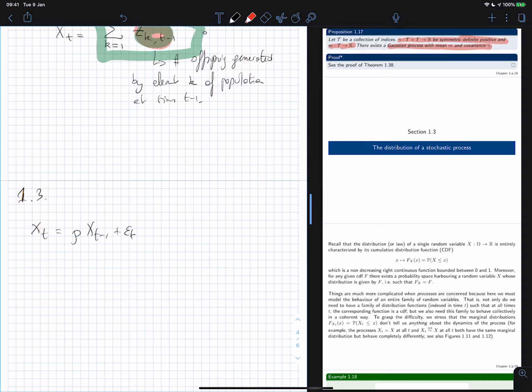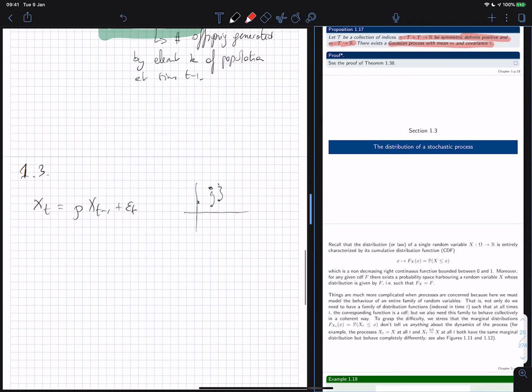Let's call another autoregressive process of order 1, this thing here. So we take Xt as rho times Xt minus 1 plus epsilon t. And I actually made a little drawing, you must remember. We start somewhere, then we jump, and then we add some noise. And we go here, then we jump, and we add some noise, and so on and so on.